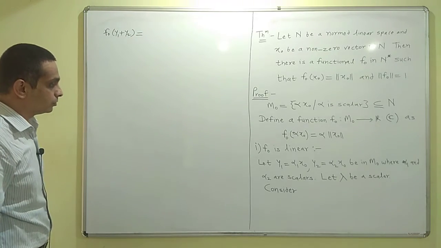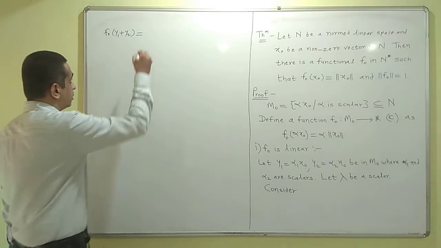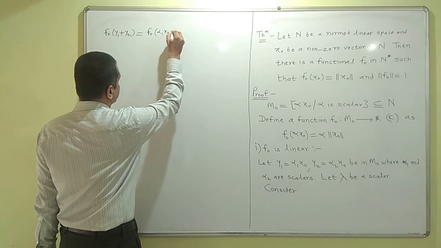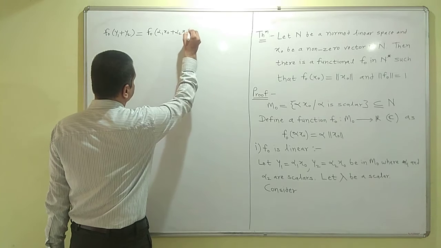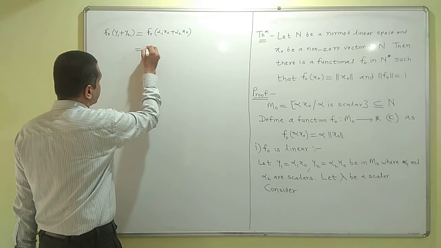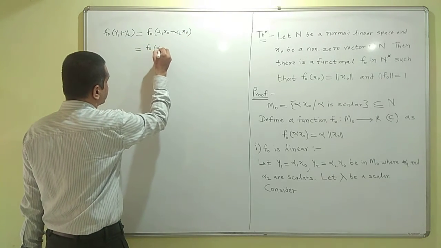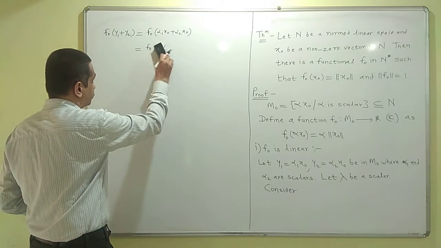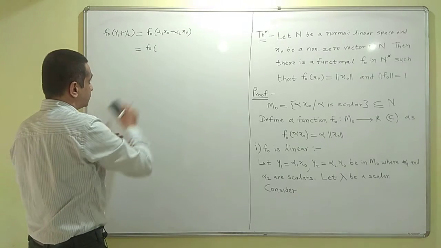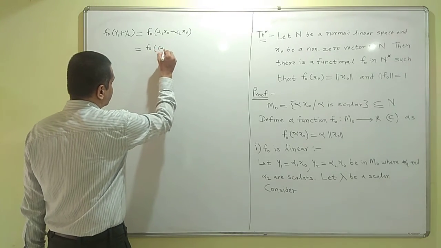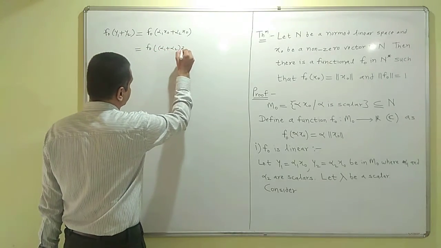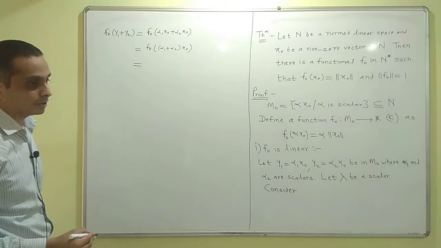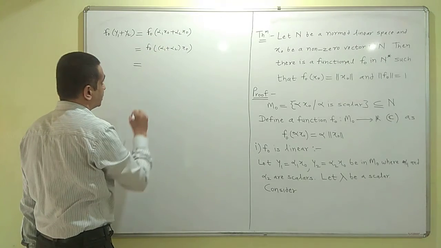It is equal to f0 of alpha 1 x0 plus alpha 2 x0, which equals f0 of (alpha 1 plus alpha 2) x0. Note that N is basically a vector space, so we are using properties of vector space here.